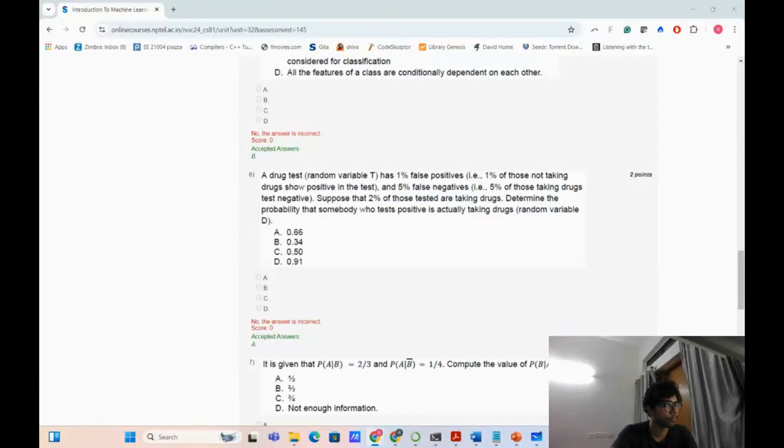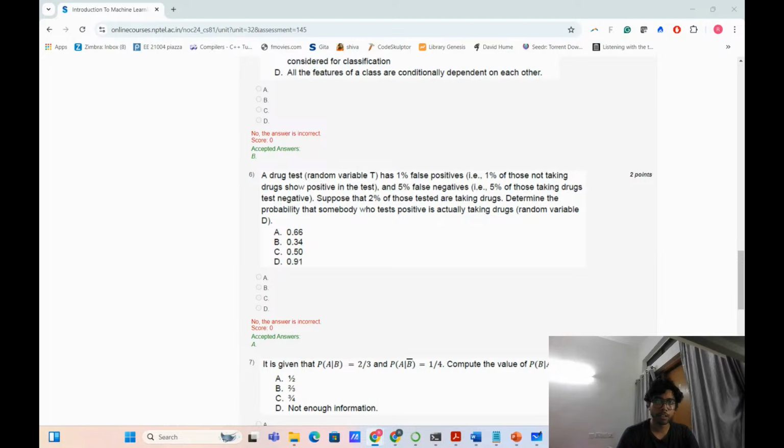Drug test. You don't need the confusion matrix. This is similar to one example that was done by the professor in the class, right?